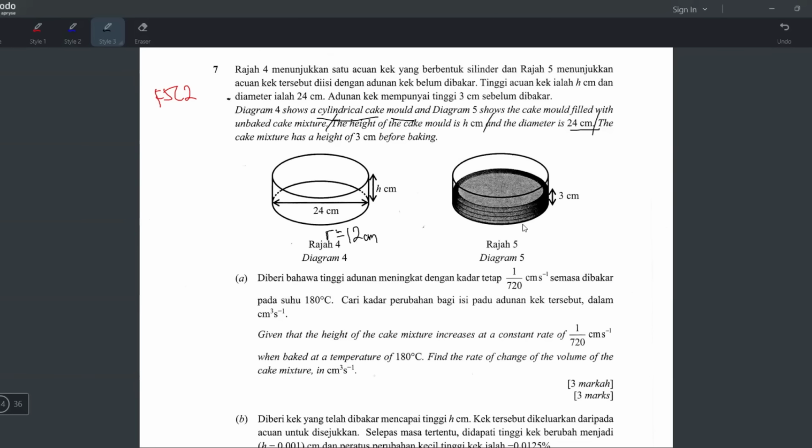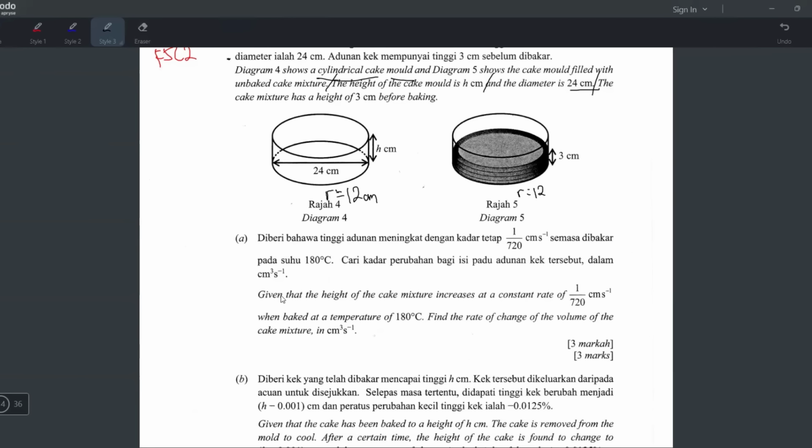But the radius will not change. Because the mold, of course the mold won't change size. The mold should stay the same. The radius should be the same. Maybe the mixture will start to expand when you start baking, because during baking you will heat up the mold and then maybe it will expand.